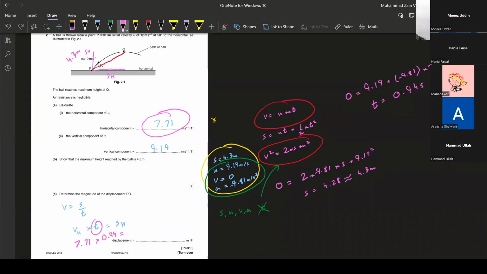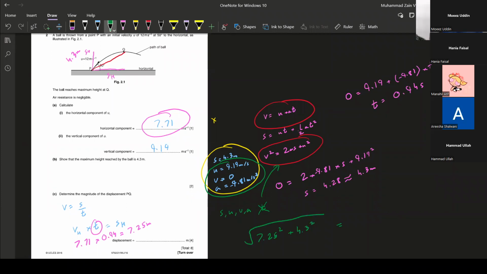It comes out to be 7.25 meters. So 7.25 meters is the horizontal displacement. Now I just simply apply Pythagoras theorem, which is 7.25 whole square plus 4.3 whole square, under root everything, and I'll get my displacement. So this is how we do these questions.